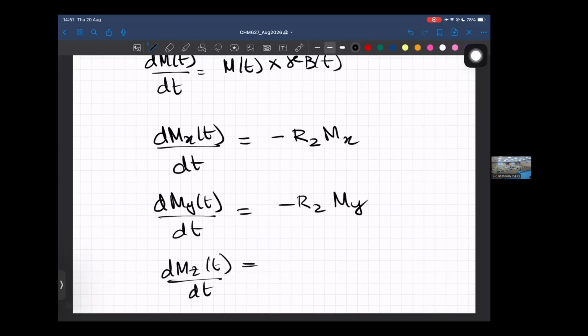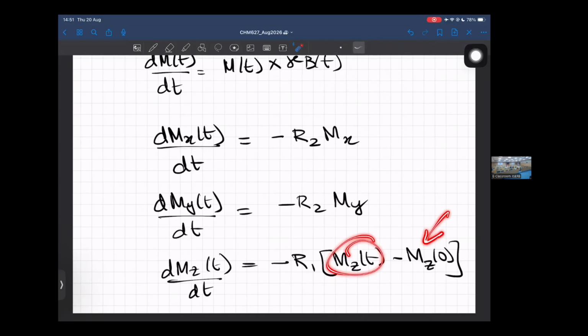And on the other hand, for something like the Z, it's going to be recovery of how far is Mz at t minus Mz of 0. Meaning, however far the current state is from the thermal equilibrium, it's going to recover back to it. I hope I wrote the minus signs correctly. Let me double check.